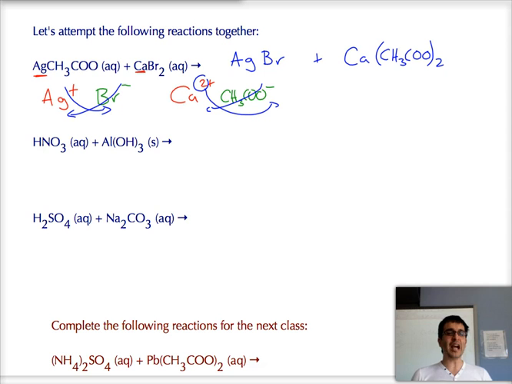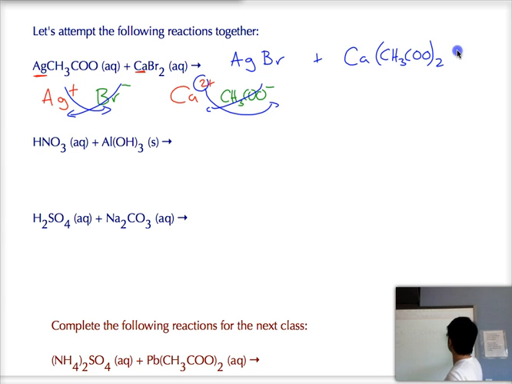Because something has to be the driving force. Otherwise, we say no net reaction occurs, because the reaction can go back and forth all the time, and there's no way of locking in the products. All right? If we look at the rules, and you have them in the sheet that I gave you already in class, we can check: calcium could be soluble or insoluble, we don't know, but there's the acetate ion, and the second rule tells us that all acetate salts are soluble.